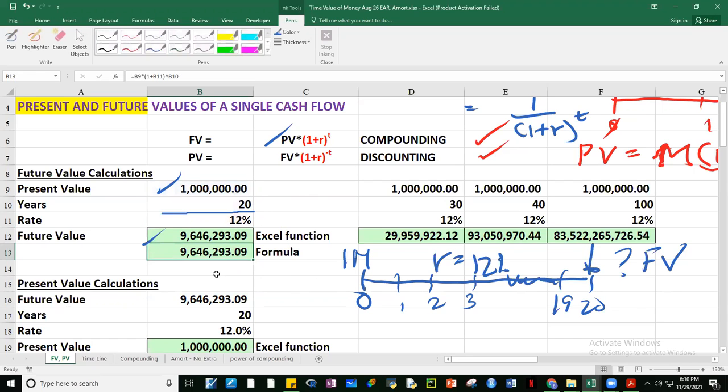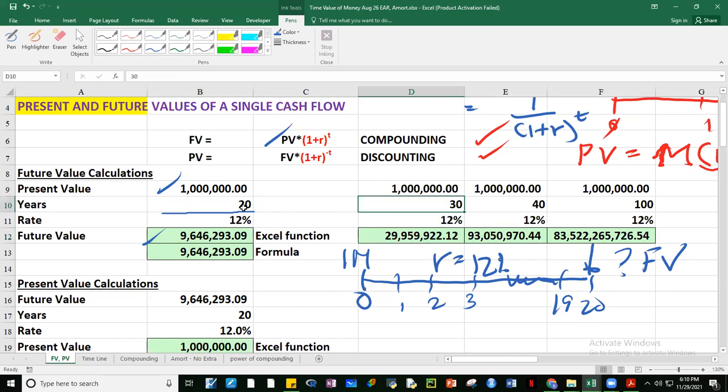So very straightforward, guys. You get the same answer whether you use the FV function of Excel or the formula. And then you notice that we can find here the compound factor, the compounding factor. If we increase the time, so 20, 30, notice that the increase is not linear.